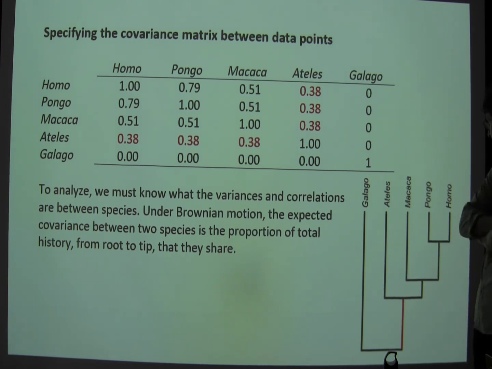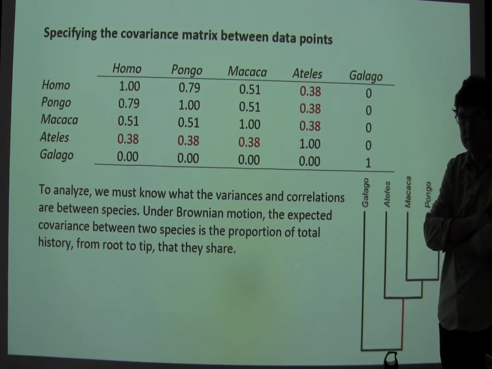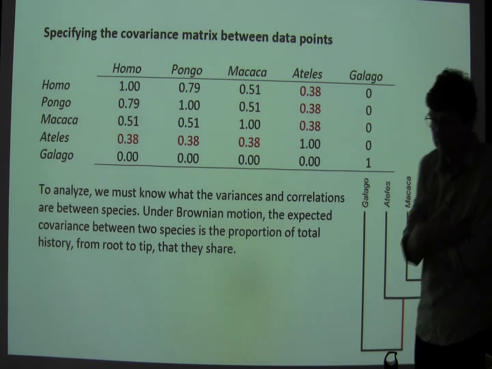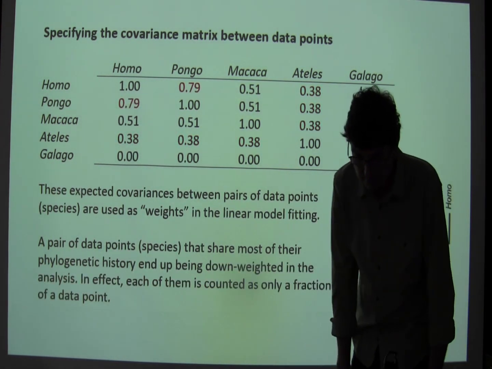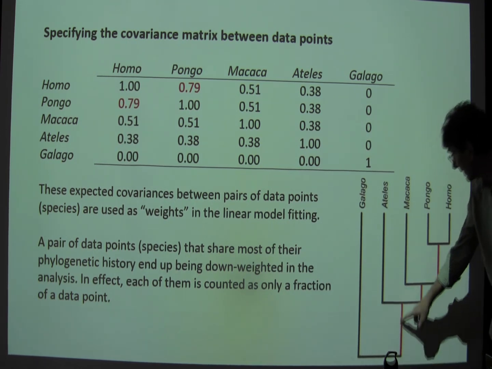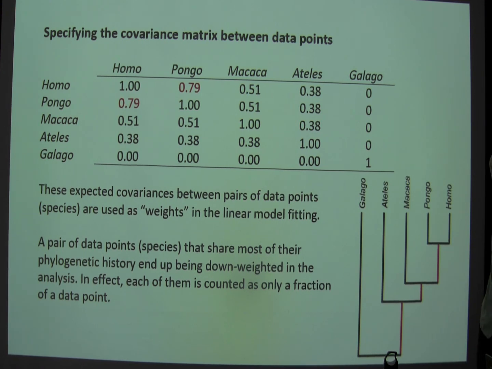It is expected that they would be so similar to one another. And so each of them would essentially count for less. Right, there's Pongo and Homo. So they share, in this case, most of their phylogenetic history up until the most recent split.